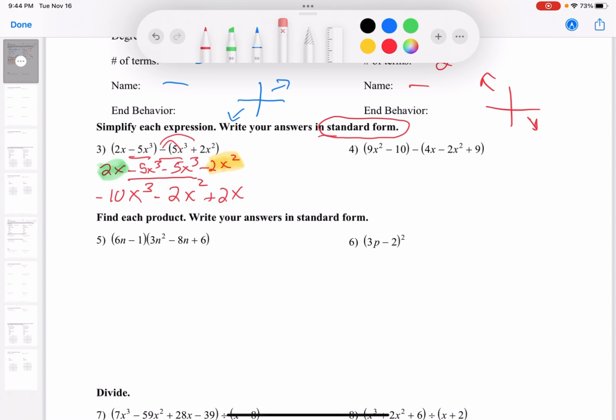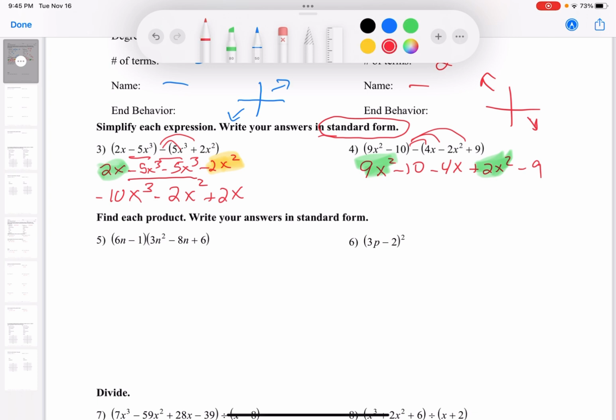Number 4. Again, since it's subtracting, I'm going to rewrite it. So that's 9x squared minus 10 minus 4x. A minus and a minus is a plus 2x squared minus 9. Combine like terms. So x squareds are my biggest ones, so I'm going to highlight those two.